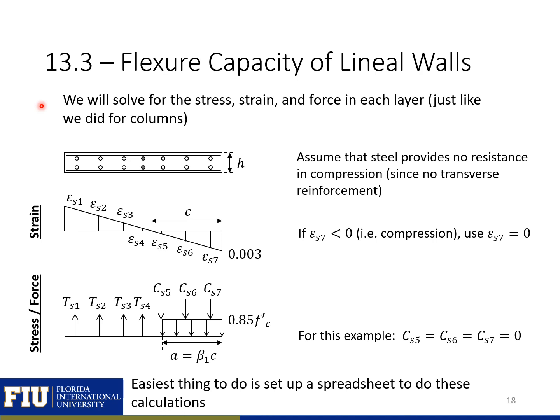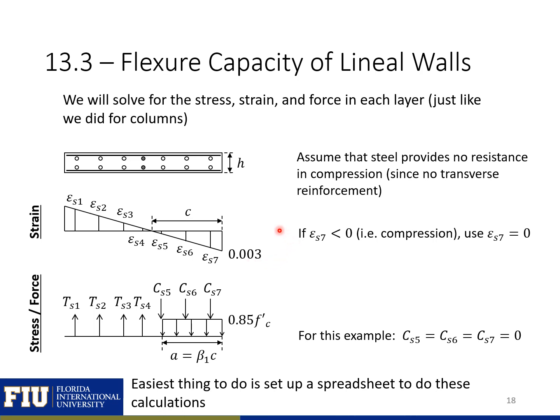We'll need to solve for the stress, the strain, and the force in each layer, just like we did for columns. So we can first solve for the strain in the layers, assuming that we have a compression strain at the extreme compression fiber of 0.003. So the same assumption that we made for our beams and our columns, we're going to make in our walls.